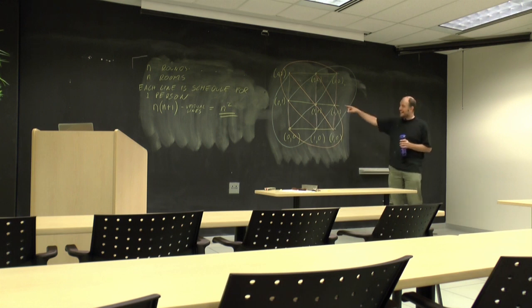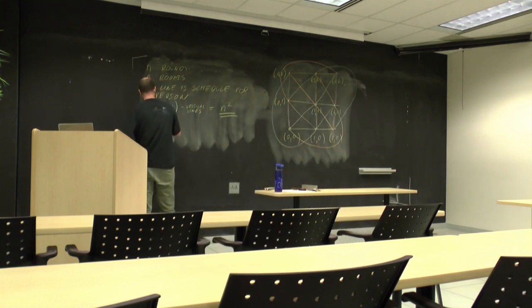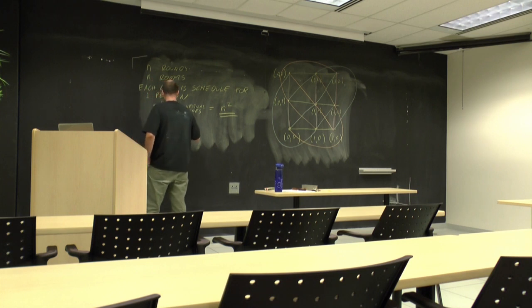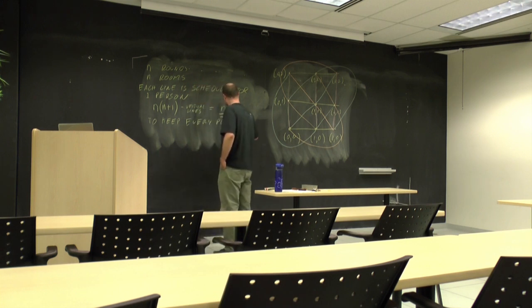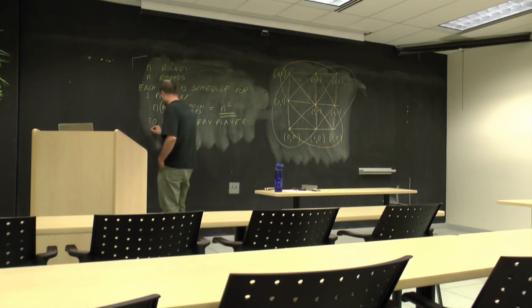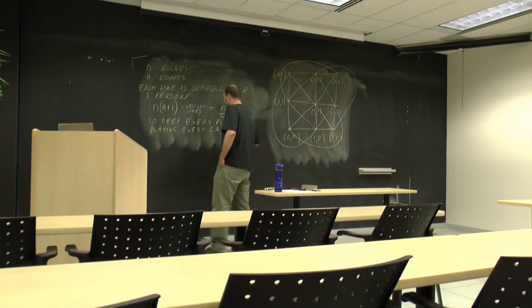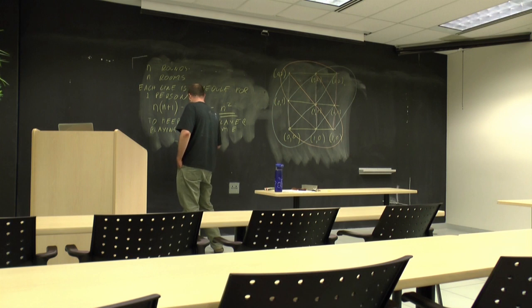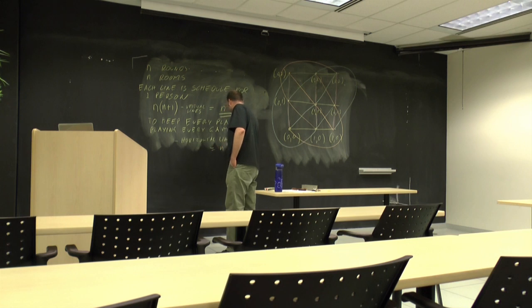If I wanted to get that out of this, I'd have to erase my yellow lines, so to keep every player playing every game, we would have to subtract the horizontal lines. And now we would have n times n minus 1 players.